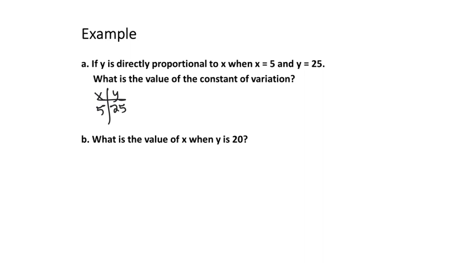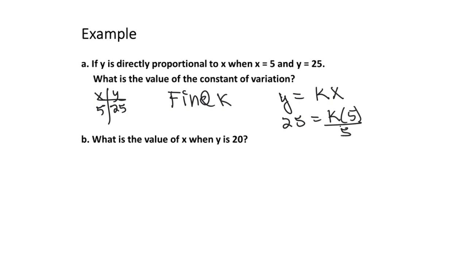Okay, so the first thing I'm going to do when it says what is the value of the constant of variation is to find k. So I'm going to plug into y is equal to k times x, replace y with 25, replace x with 5, and solve that equation to get k is equal to 5.